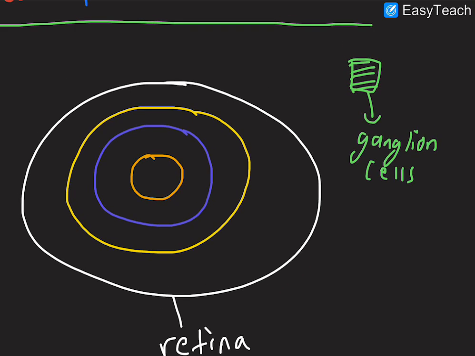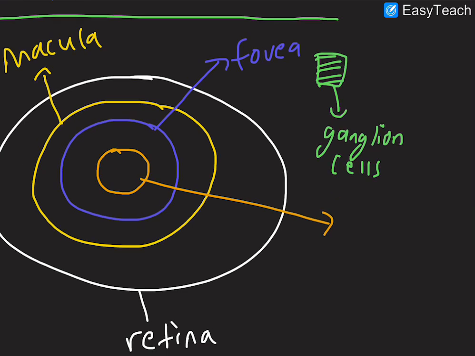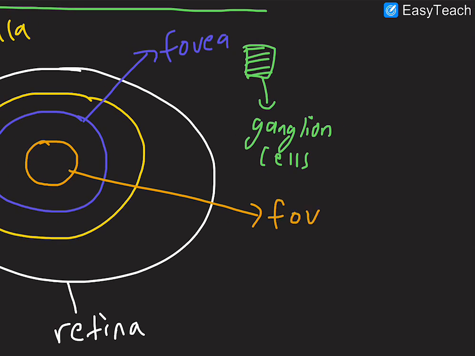Then in the center of the retina, I tried to draw the macula, just a border that represents the macula. Then inside the macula, we have a structure called the fovea. And then inside the fovea, I drew this to represent the foveola, which is the center of the fovea.